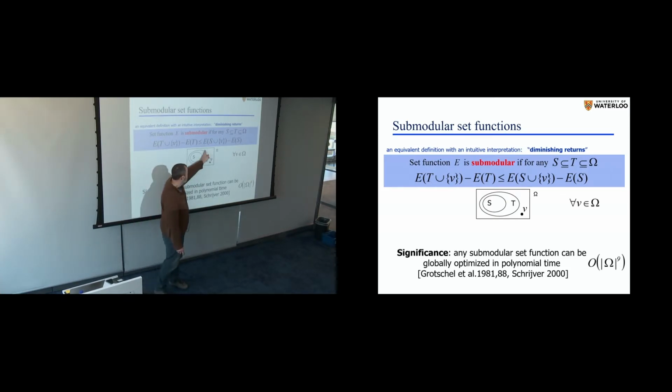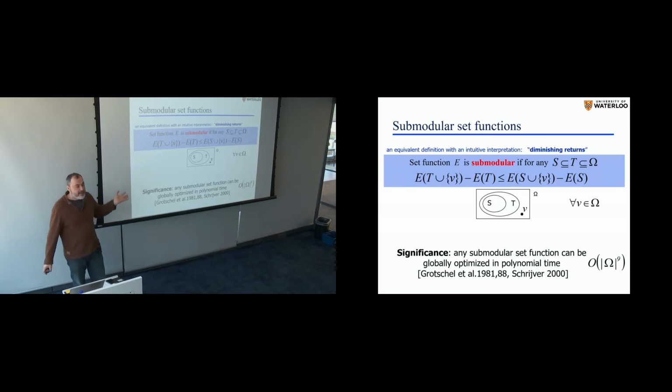If you're Trump and you're rich and you find $1 on the street, you're not going to be as happy getting that extra dollar as someone who is poorer than you. So if you are a subset of Trump, you have much less wealth, and you'll be much happier if you pick up $1 than Trump. That's diminishing returns. And surprisingly, this is submodularity, and it's actually very easy to prove that this is equivalent to the previous condition.